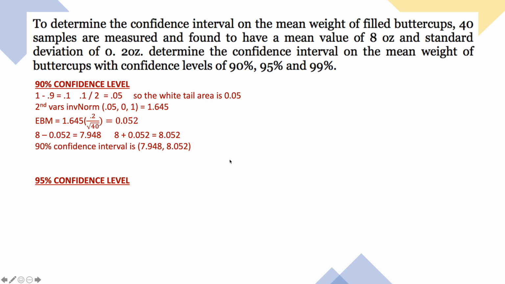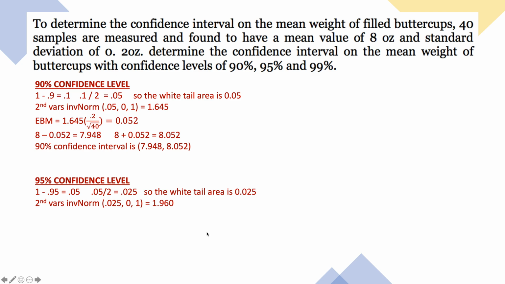For the 95% confidence level, I'm going to do 1 minus 0.95. That gives me 0.05. Then I divide that by 2 for the 2 white tails, and each of the white tails is 0.025. Okay, excellent. Now I do second bar's inverse norm on that 0.025 in z-score mode, the 0 and the 1, and I get 1.960.